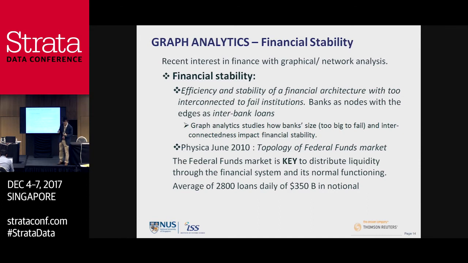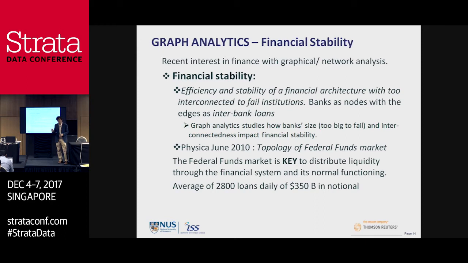Now, what precipitated this particular financial contagion? There's something called the federal funds market, which is essentially an interbank loans market. It's huge. Every day in the US we have about 2,800 loans with a notional of 350 billion a day.